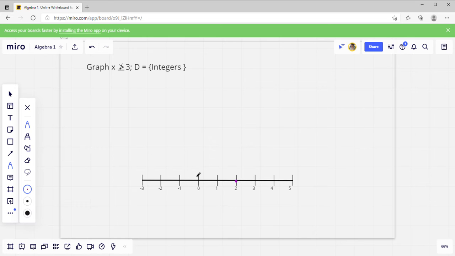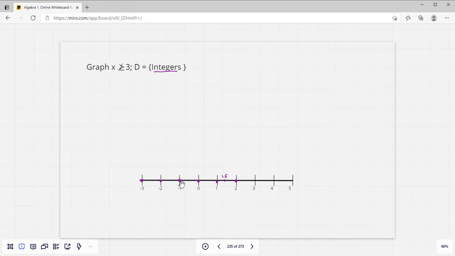It can be equal to 1, and 0, negative 1, negative 2, negative 3. See how I'm just making dots? That's to show that it's only the whole numbers. It can't be 1.4 or 1.5 like right there. Doesn't count because it's only the whole numbers. So when you see integers, you're going to use dots because that represents whole numbers only.